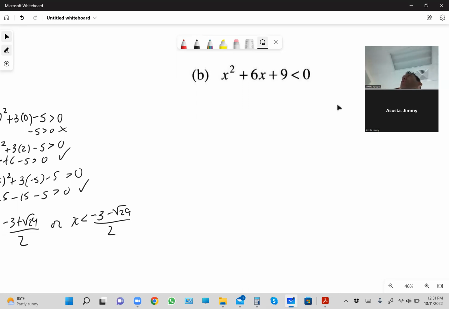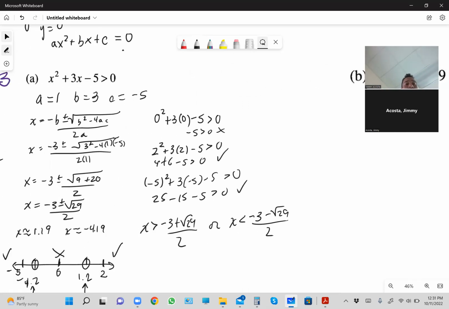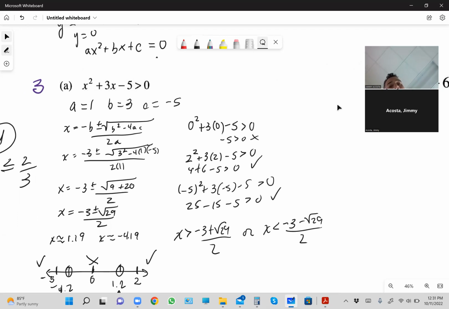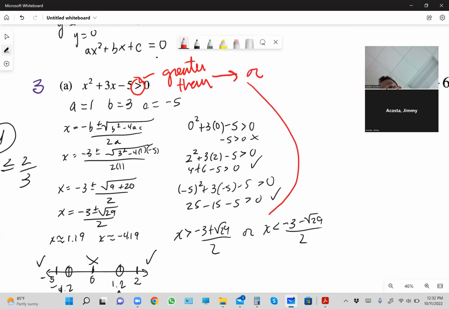All right, let's do this one. Now, look, I want you to notice that this here is greater than, and it ended up with an or. Now, I don't like this rule, but greater than, when written left to right, and the x squared is positive, you will have an or.